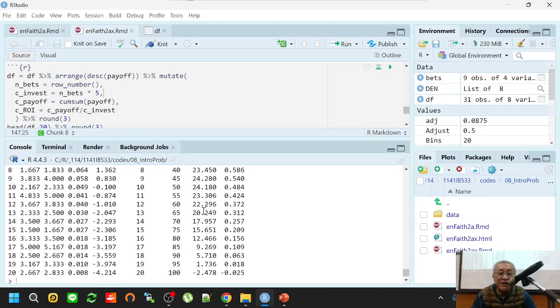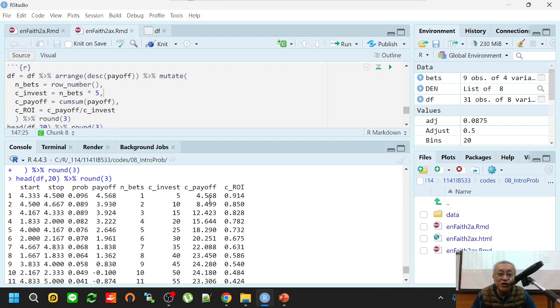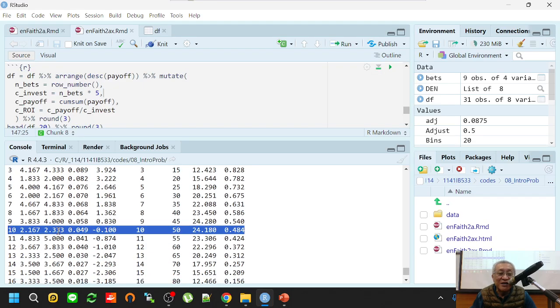As you can see, the cumulative payoff is rising from the 1st to the 9th, it's always increasing. But at the 10th, the expected payoff becomes negative, so betting on more than 9 periods is unreasonable.